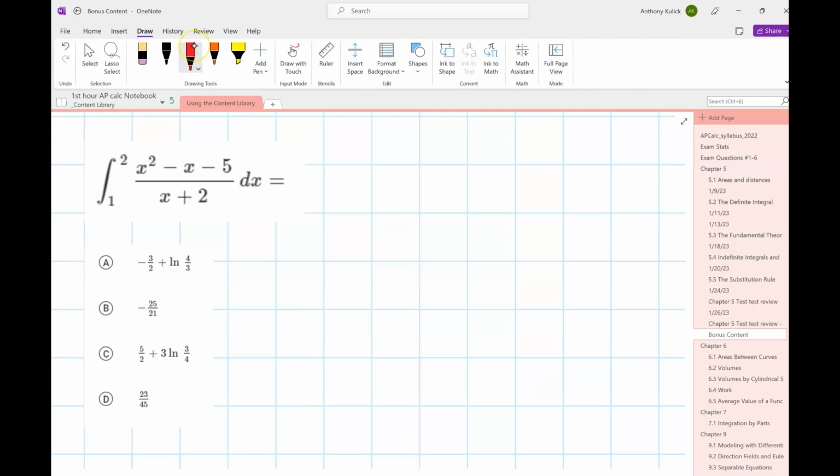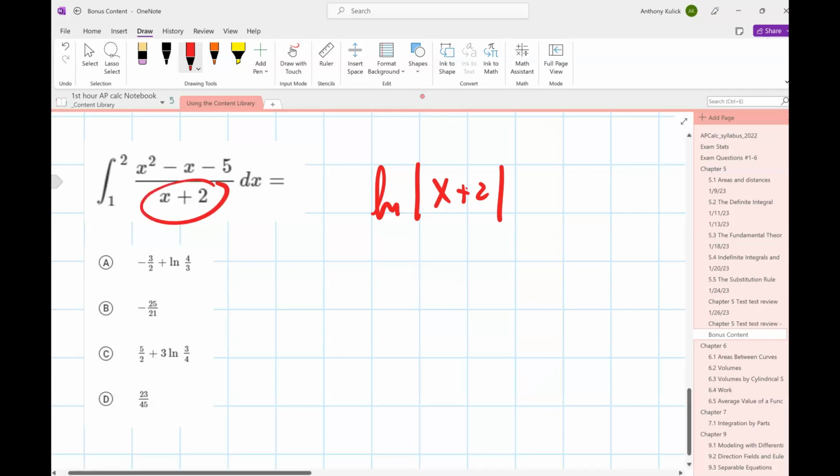So let's explain how we can do this. The answer to this is going to have a term that has the natural log of x plus 2 in it, right? Somewhere in that answer, we're going to have a term that has that, since the denominator is x plus 2. Everybody's okay with that?